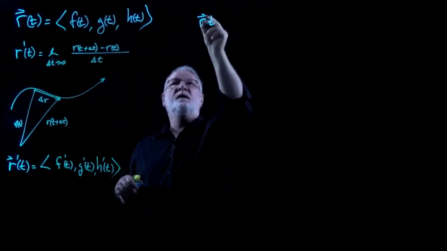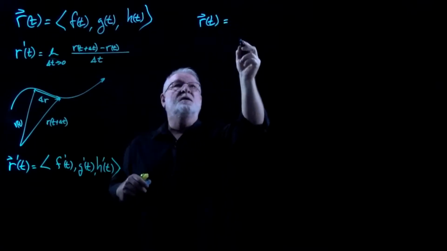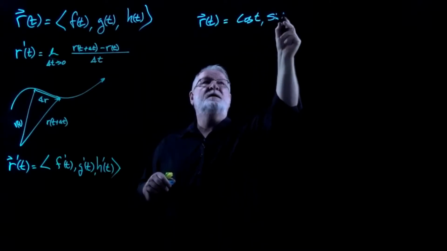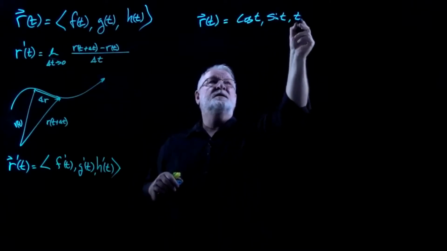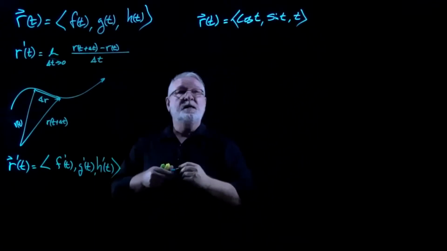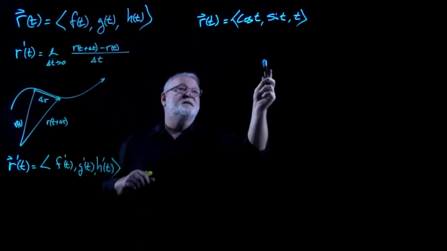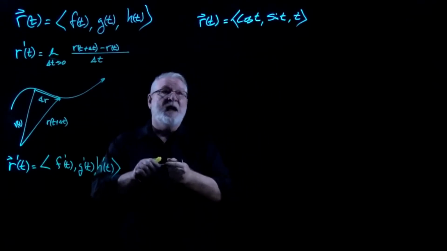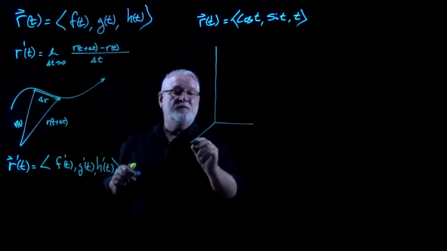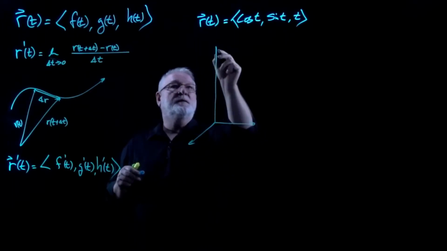R of t is equal to cosine t, sine t, and t. And you'll recognize this as a helix. This one is a helix that basically rotates around the z-axis. So let's draw a quick sketch of it just so we can refamiliarize ourselves with it.